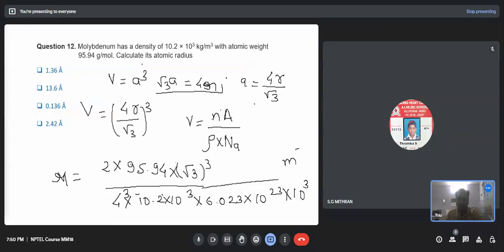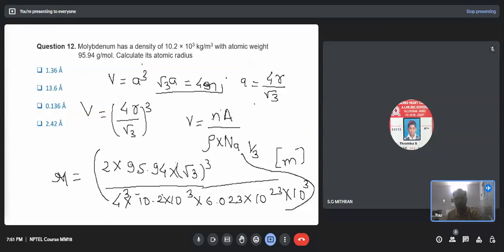The value will come in meter. And the power of this whole value will be 1 by 3, so it will come into meter.